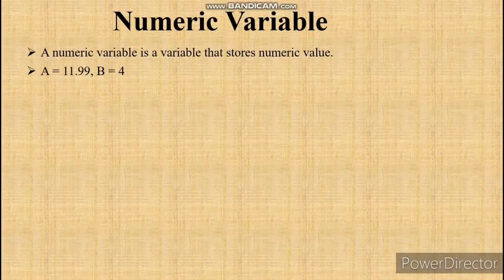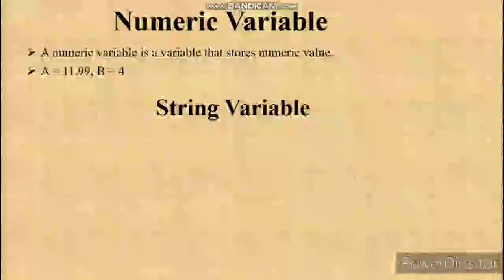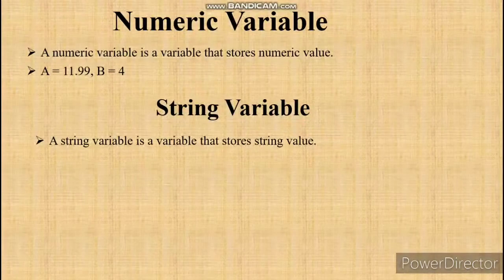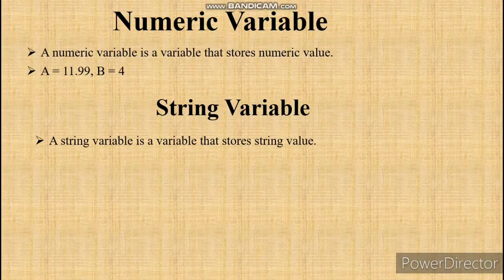Right? Second variable is string variable. A string variable is a variable that stores string value. String value means a set of characters.